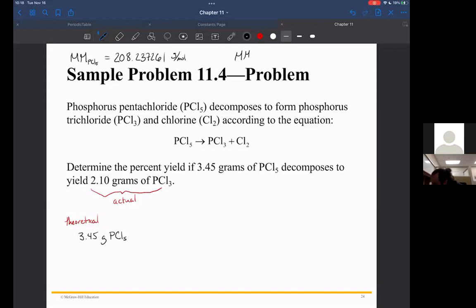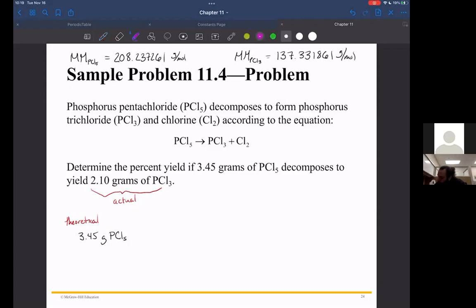And we'll also need it for our product, the phosphorus trichloride. All right, and I know it's a lot of writing, but I'm getting in the habit of putting all my digits. I'm not rounding anything off because then I would incur some rounding errors. So I know it's a pain, but get in the habit of including all of your digits.